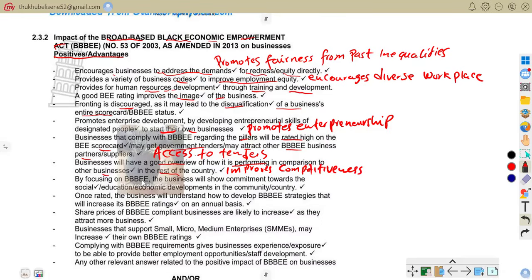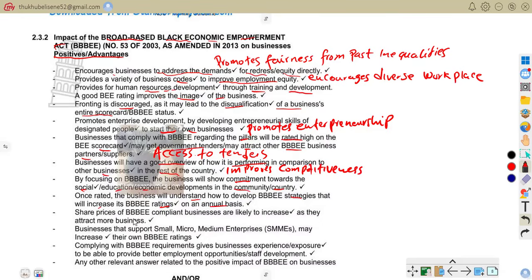Also, by focusing on BBBEE, the business will show commitment towards the social, educational or economic development of the community or country. Once rated, the business will understand how to develop BBBEE strategies that will increase its BBBEE ratings on an annual basis.